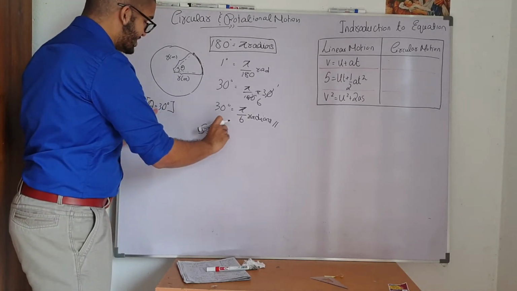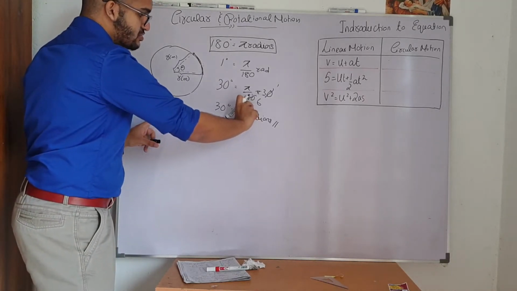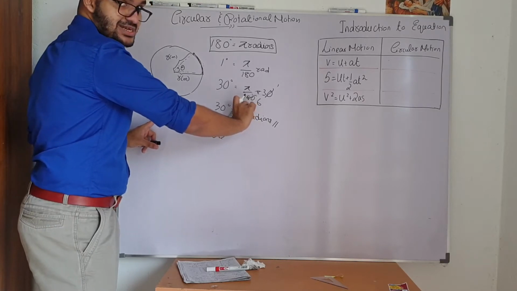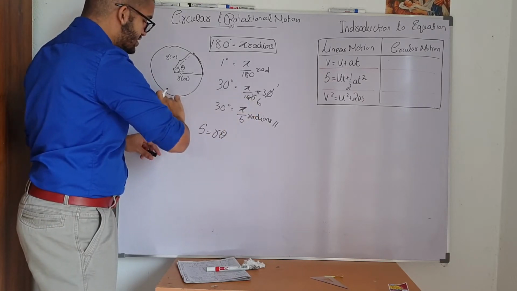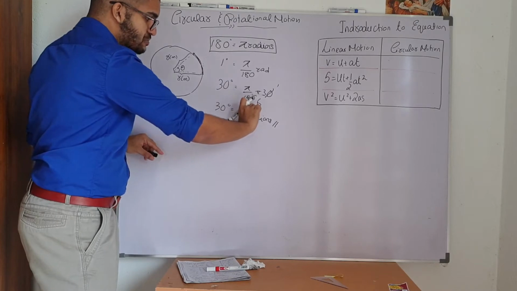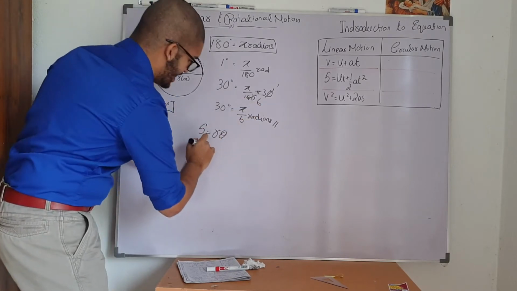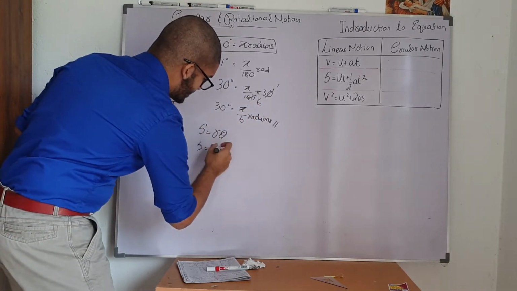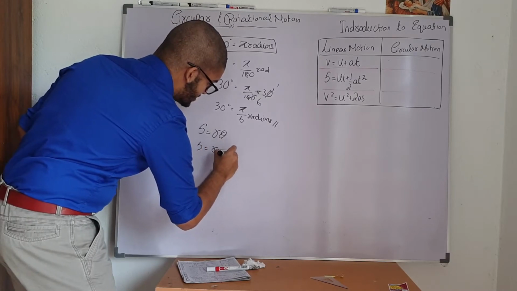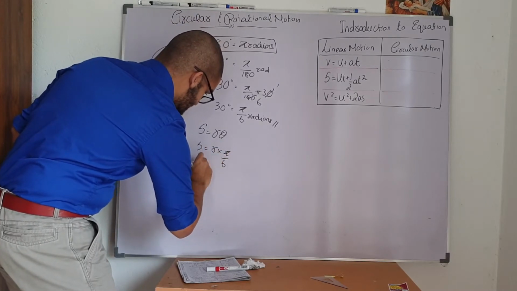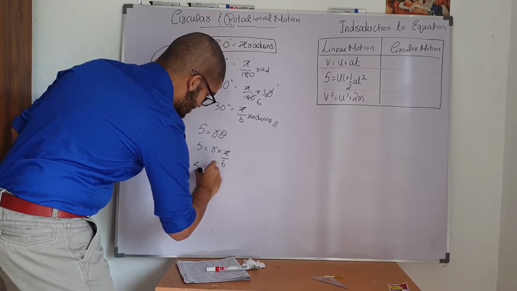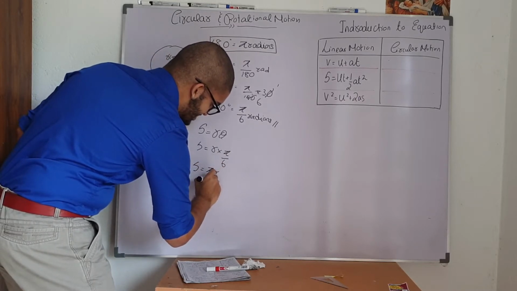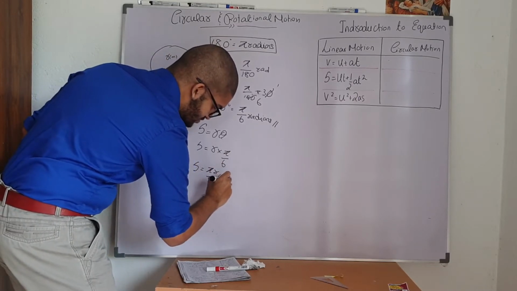Therefore, if you are given 30 degrees and you found that 30 degrees is pi by 6 radians, you never substitute the 30 degrees here. You always take this pi by 6 radians here, and this is how you do it, right? So R into pi by 6, S equals pi R by 6 meters.